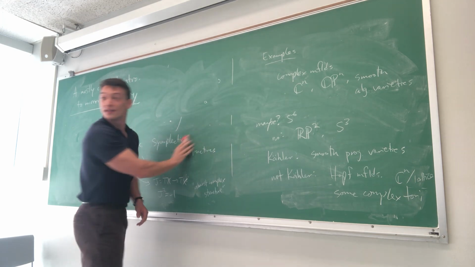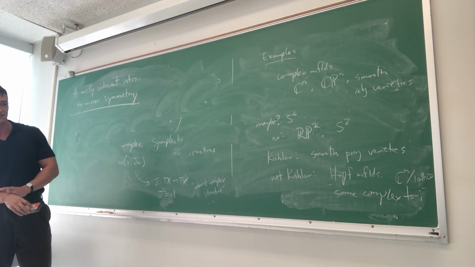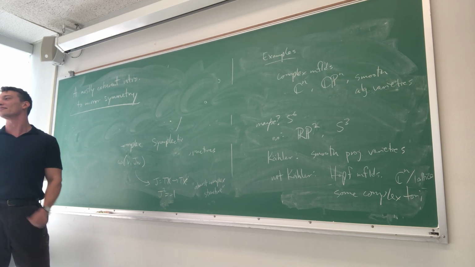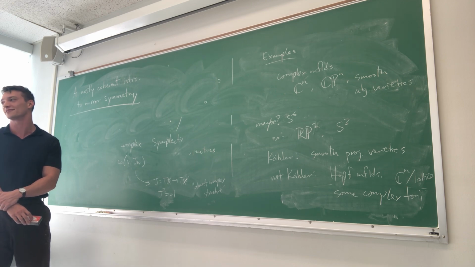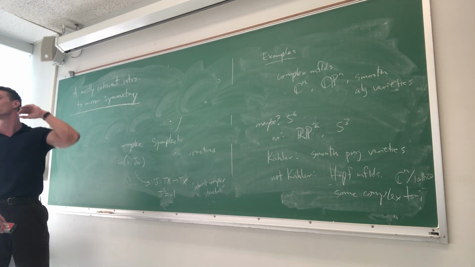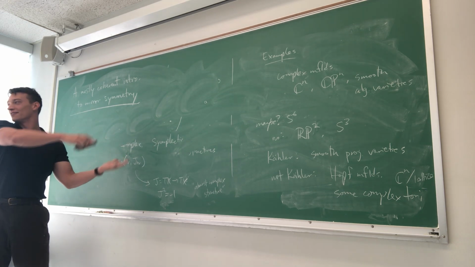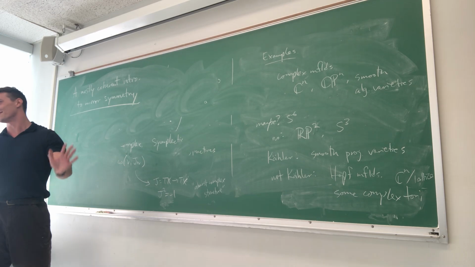One question. Yes? When you say some complex tori, is it depending on n, depending on the lattice? It depends on the lattice. There's a so-called polarization condition that the lattice has to satisfy. So in every dimension n, some of the complex tori are Kähler, others aren't. Well, except dimension 1, they all are.